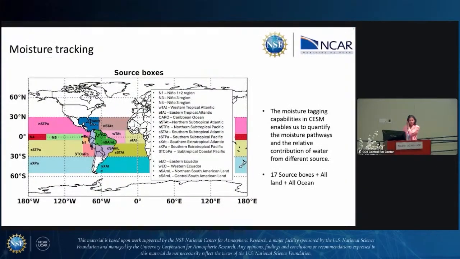Moving on, so more about moisture tracking. In CESM GeoTrace, the model that we're running, we can define the source regions. And from these possible source regions, we can track the moisture until it rains or snows into some region.